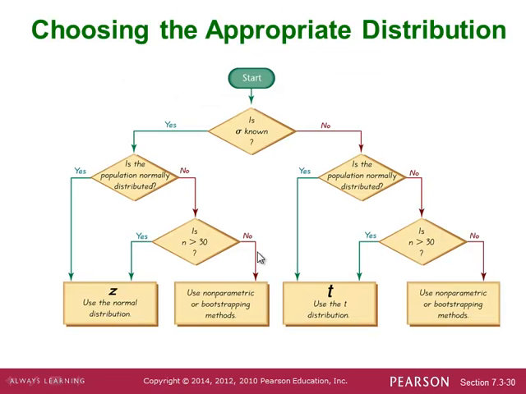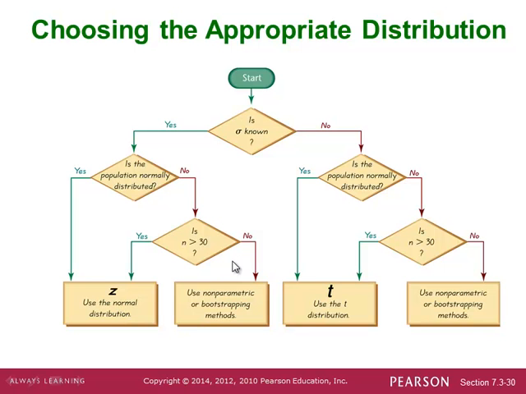So this flow chart, by the way, is going to tell you how to construct your confidence interval for mu. The first question is, do you know sigma? Or at least, is there a presumed value for sigma? If the answer is yes, then use that z margin of error.